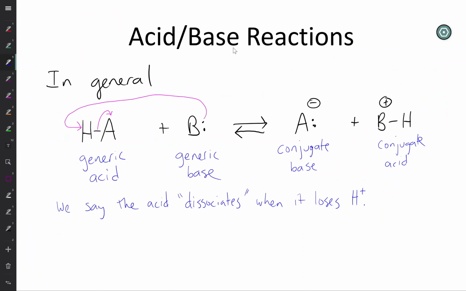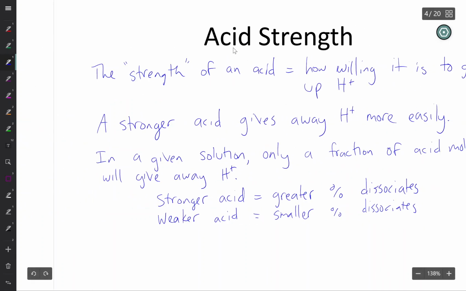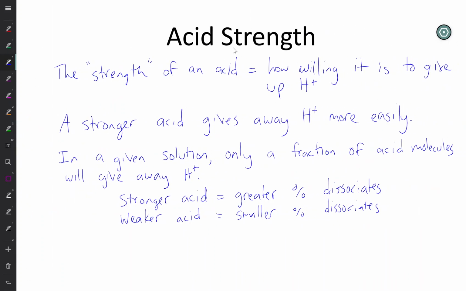So in general, we have these reactions. Our generic acid we'll call HA, and we want to look at how this plays out with specific organic molecules. The last concept we talked about was how the strength of an acid is how good it is at giving away H+. It's a weird concept of strength, because normally we think strength is how tightly something is held, but really for an acid, strength is how weakly it holds H+, how willing it is to give it up.